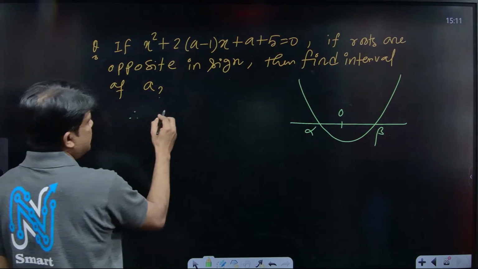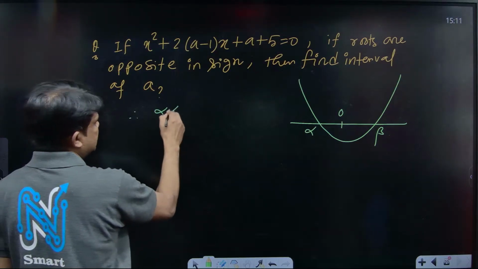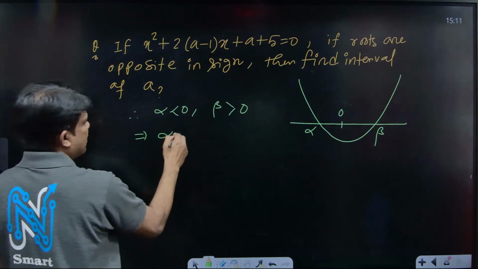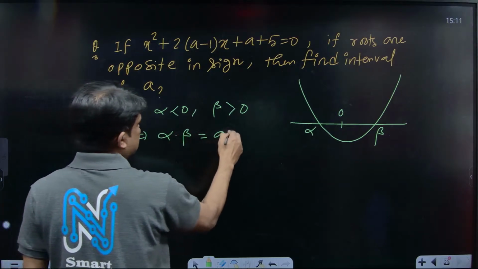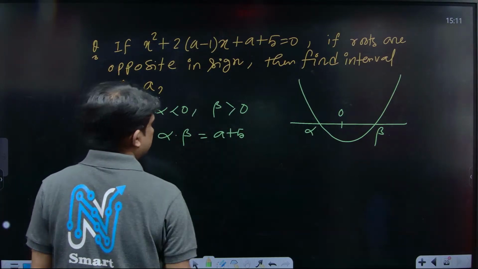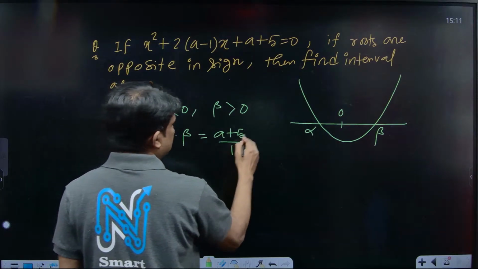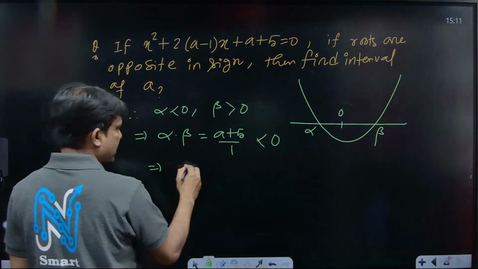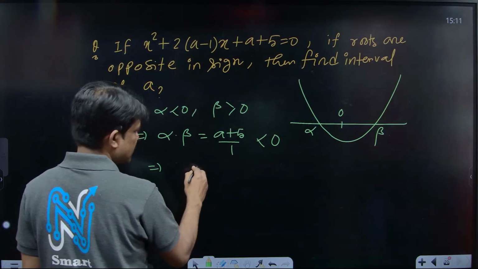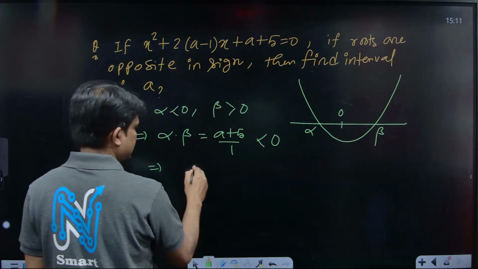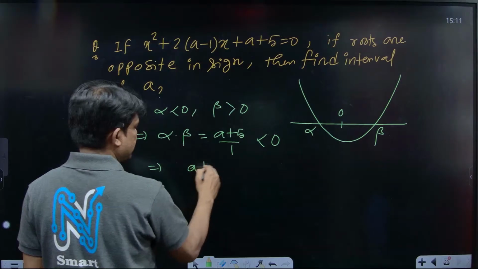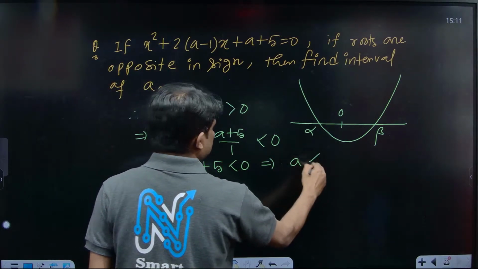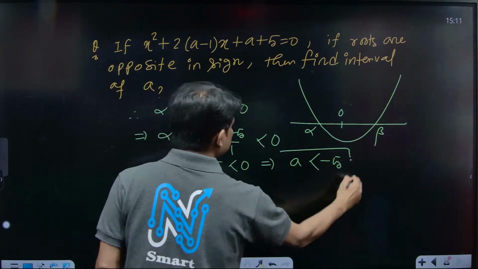Product of roots, alpha into beta, is a plus 5 by 1, which is negative, that means a plus 5 is negative, so a is less than minus 5.